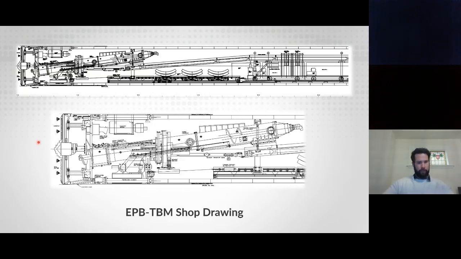So what happens is the tunnel bore machine, as it advances forward, the cutter head will excavate the material in front of the machine. The material will get ground down and it will go through the cutter head of the tunnel boring machine, and it will then enter into this mixing chamber where it will get mixed with whatever soil conditioners or additives that the contractor is using.